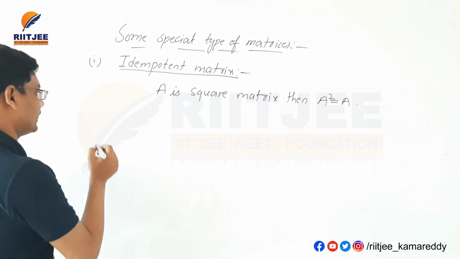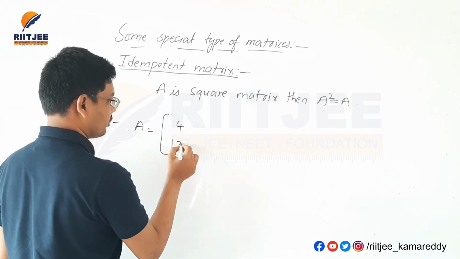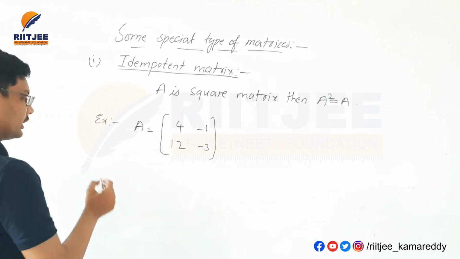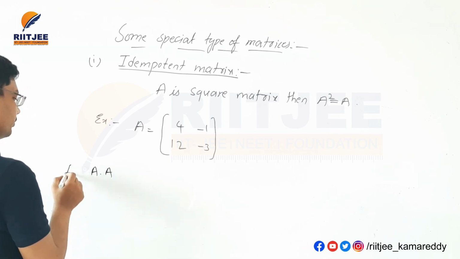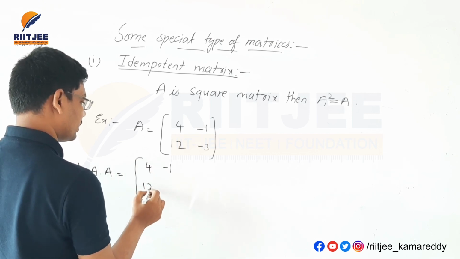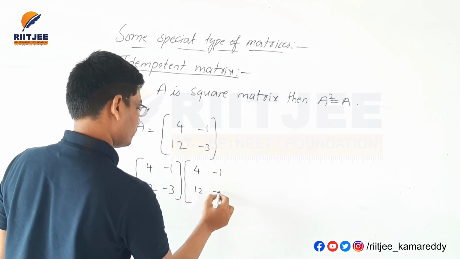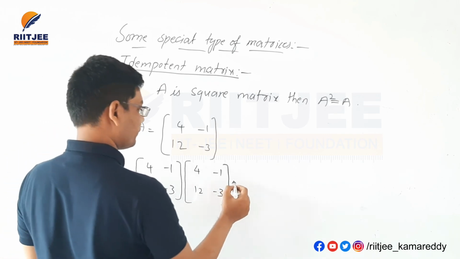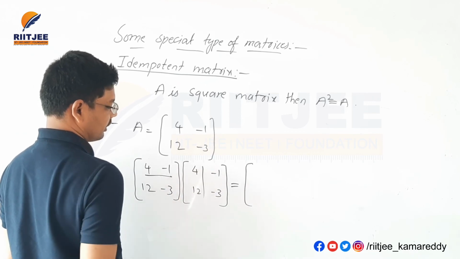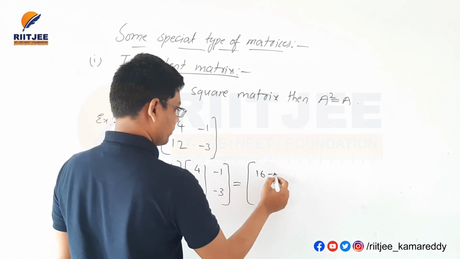Let us take one example of a matrix A: 4, 12, minus 1, minus 3. Here we should find A square, which is A into A. You multiply the same matrix with itself once more. Row 1 times column 1: 4 into 4 is 16, minus 1 into 12 is minus 12.